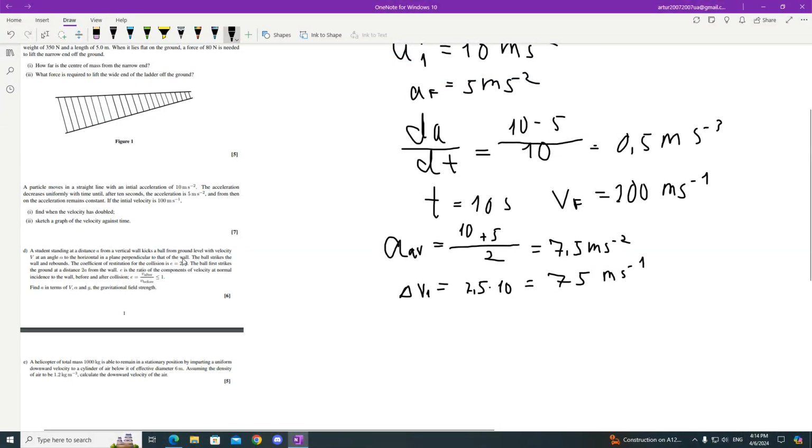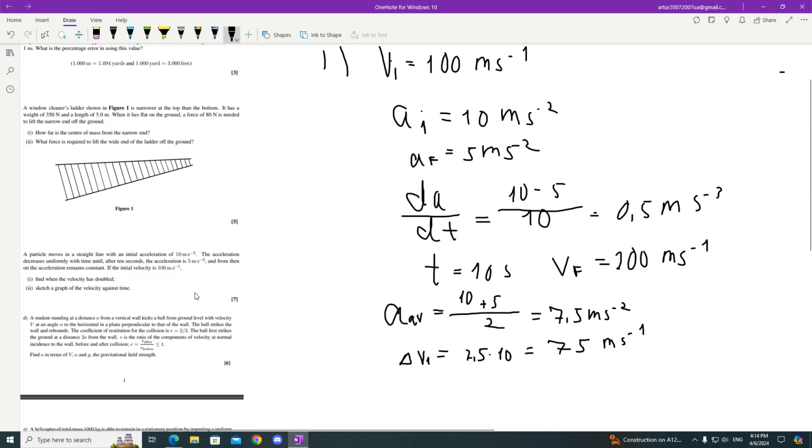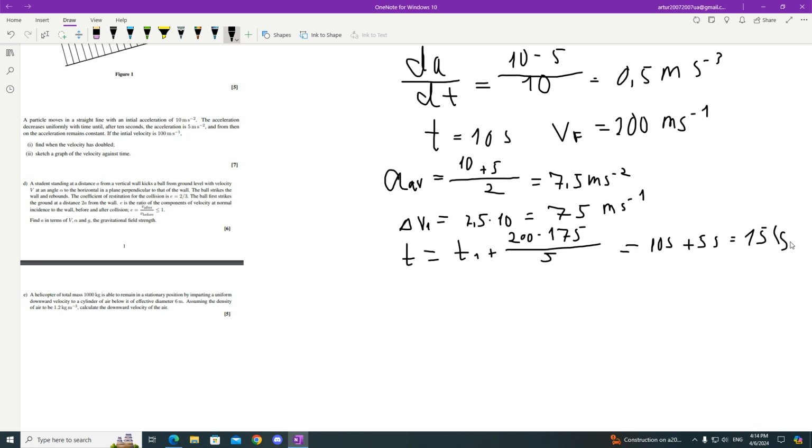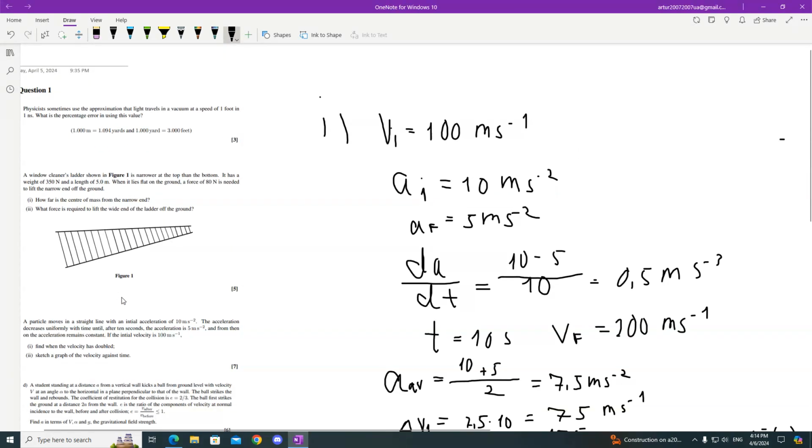Now the constant acceleration is 5, so the time is 10 seconds plus (200 minus 175) over 5, because 5 is our acceleration. We get 10 seconds plus 25 over 5, which is 5 seconds, so we have 15 seconds. It's the time for which the velocity doubles.